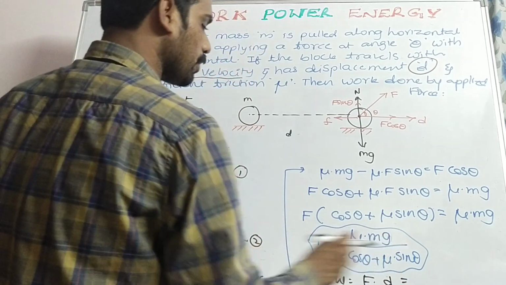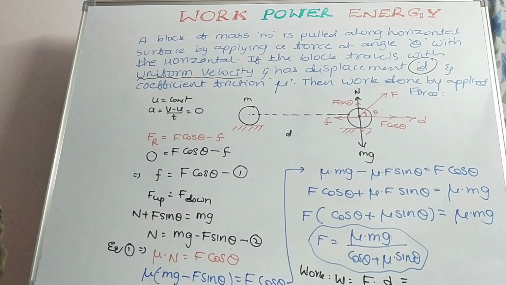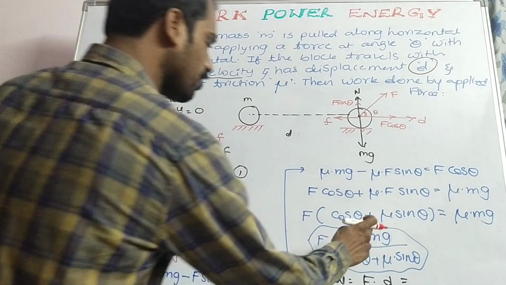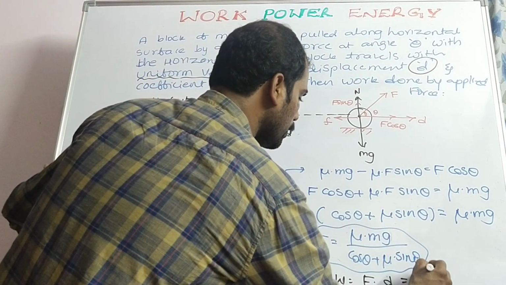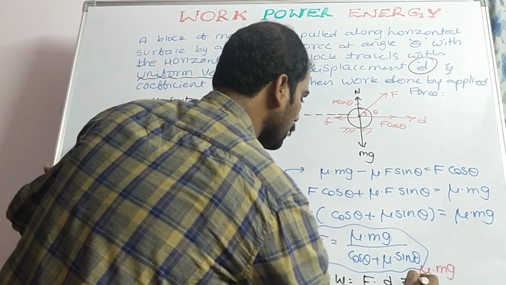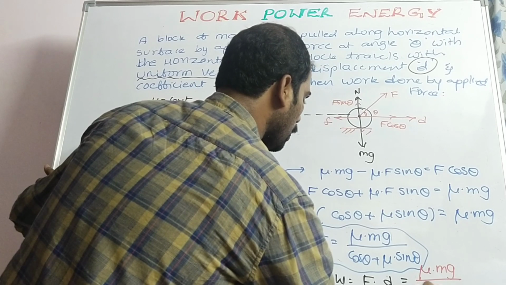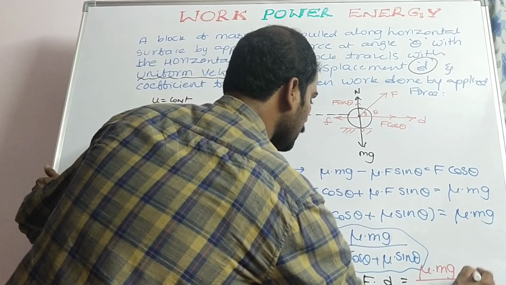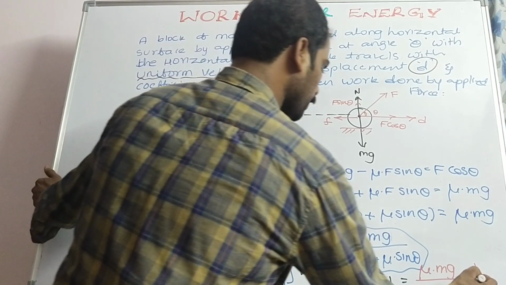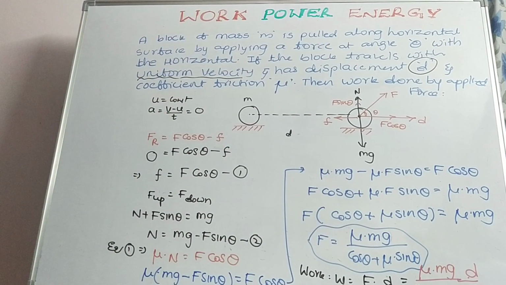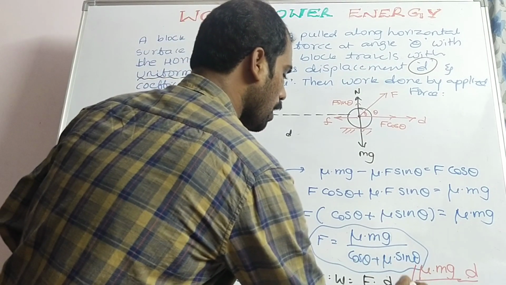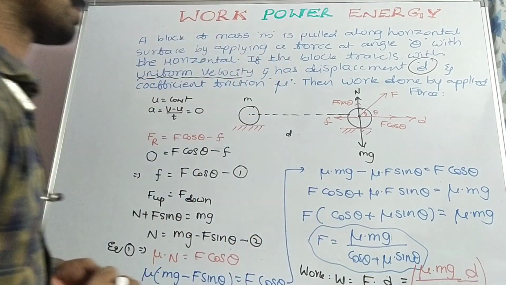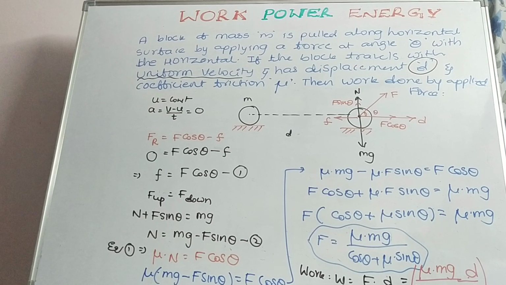Now the expression can be written with mu into mg by (cos theta plus mu into sin theta) instead of F, into d. So W is equal to mu into mg into d by (cos theta plus mu into sin theta). Of course, this is the expression.